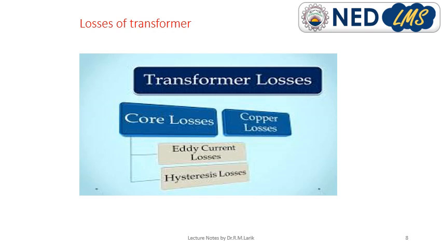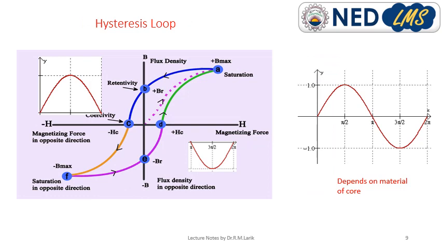Continuing, we can see the hysteresis loop. The transformer core losses are eddy current loss and hysteresis loss. First we discuss hysteresis. What is hysteresis? To understand hysteresis, we need to understand this BH curve loop, with magnetizing force on the x-axis and flux density on the y-axis.